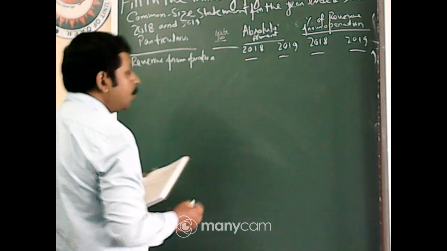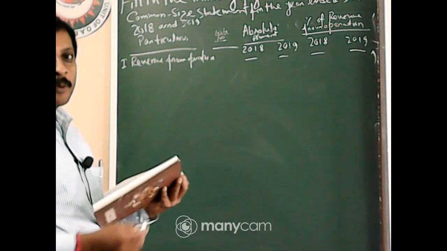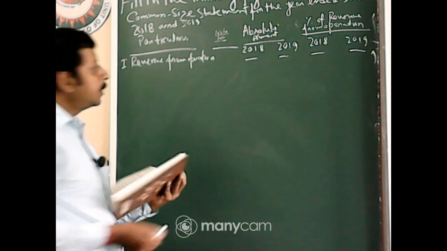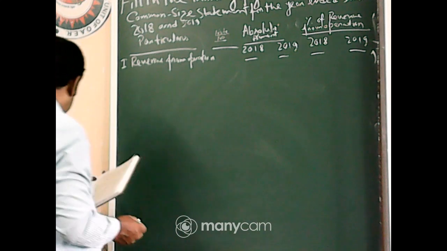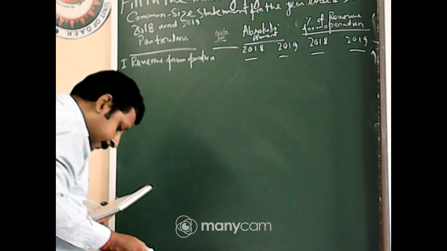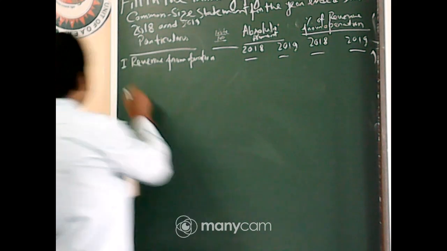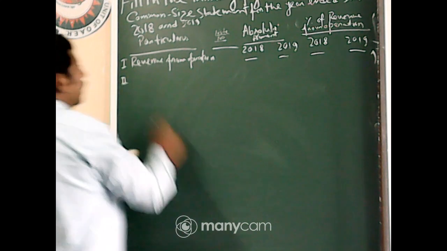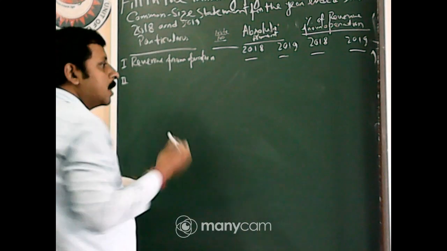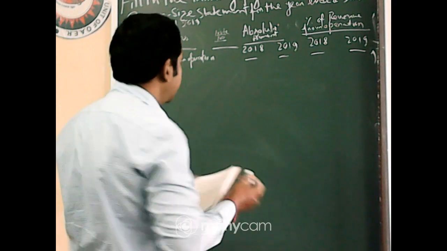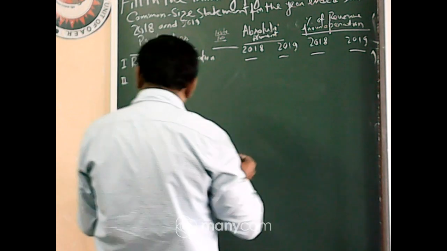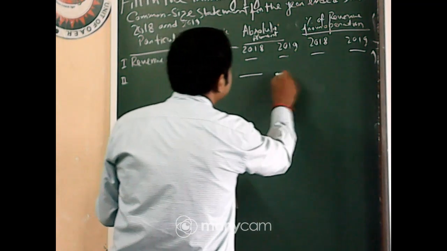You have to reveal what the revenue from operation is. So it is a very interesting problem. Just listen to how we can solve it. Next is number 2. Revenue from operation is the only income of this company, there is no other income. So you can close it.